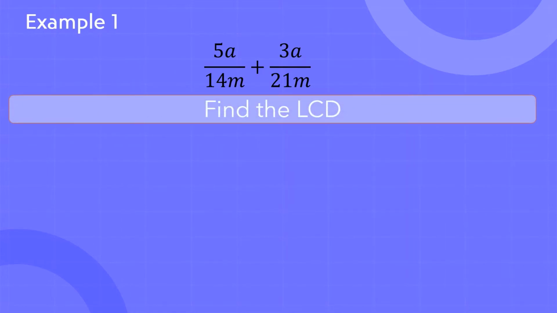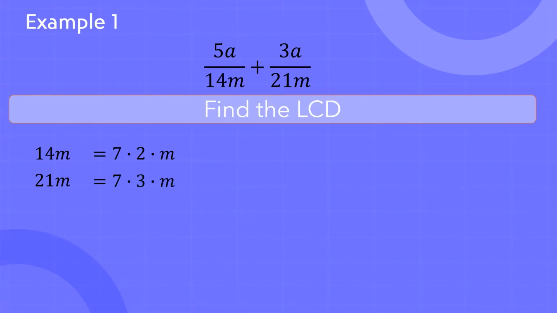Example number 1. 5a over 14m plus 3a over 21m. So, first, find the LCD. Para makuha ang LCD, we will get the denominators 14m and 21m. So, i-factor out natin ang bawat denominators. Factors ng 14m ay 7 times 2 times m.